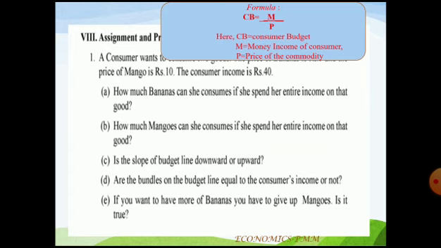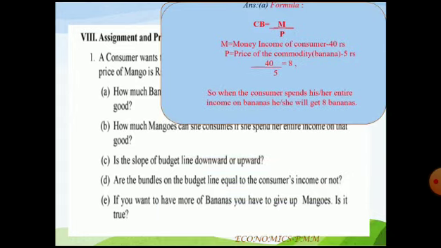Now the answer for the first question, that is question A. The solution is to apply this formula first. Write down this formula, CB is equal to M divided by P. Now what is the money income of the consumer? 40 rupees, which is already given in the question. And what is the price of the commodity, that is banana? It is 5 rupees. So we substitute the values in the formula.